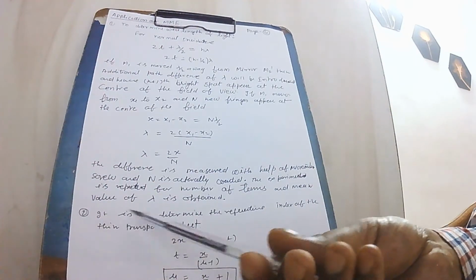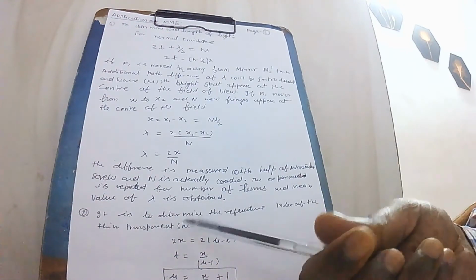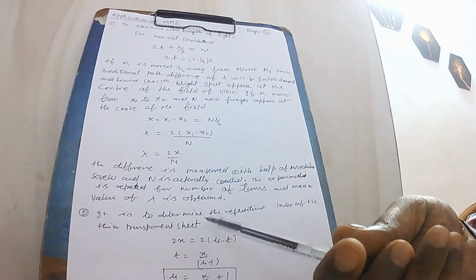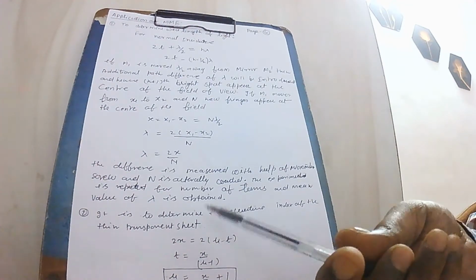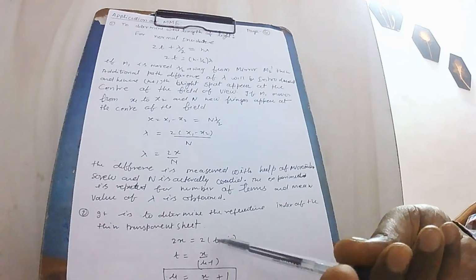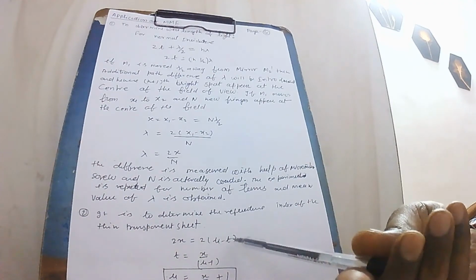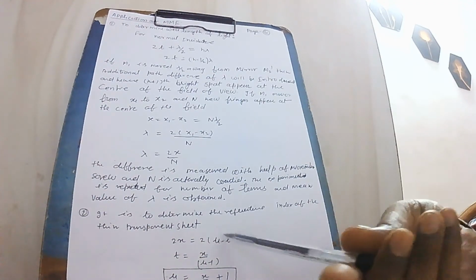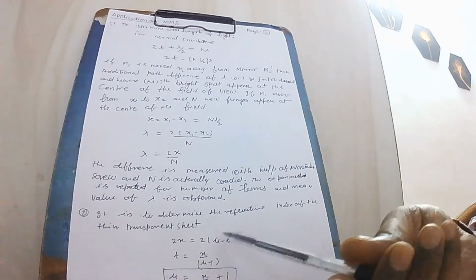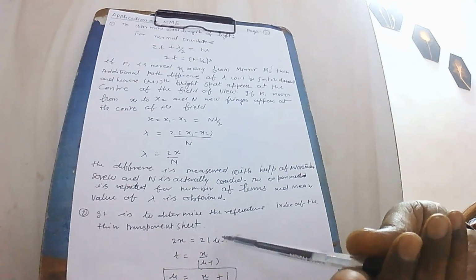Similarly, it can also be used to determine the refractive index of a thin transparent sheet. If we put the transparent sheet between mirrors M2 and M1, with refractive index mu, then 2x is equal to 2 mu t minus 2t. The 2t is the path difference in air, and the 2 mu t is the path difference in the medium.